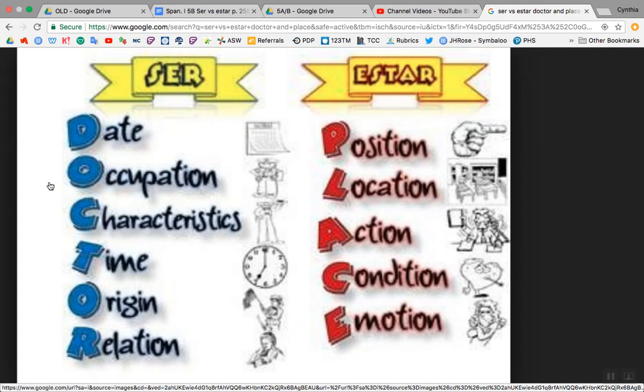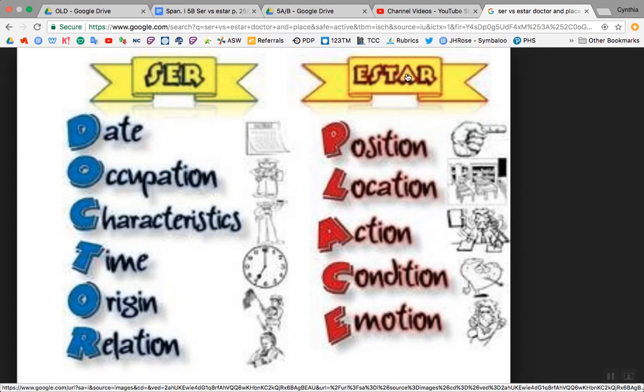C for characteristics, yo soy alta, I'm tall. T for time, son las 11, it's 11. Origin, es de los Estados Unidos, he is from the United States. And relation, es mi prima, she's my cousin.